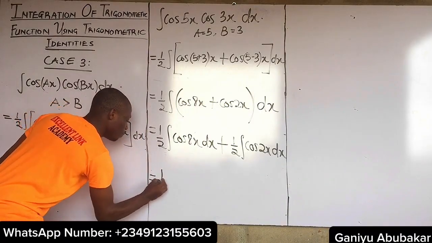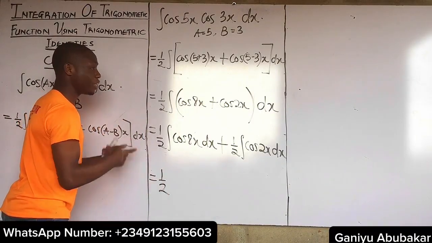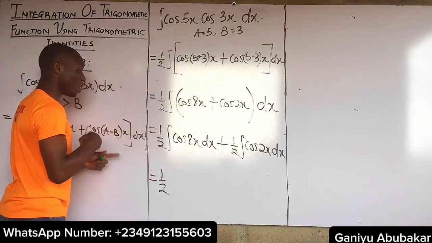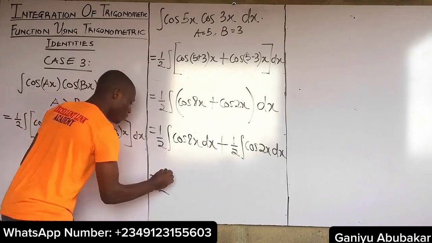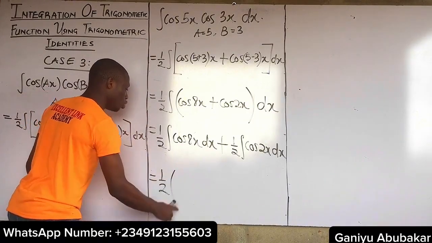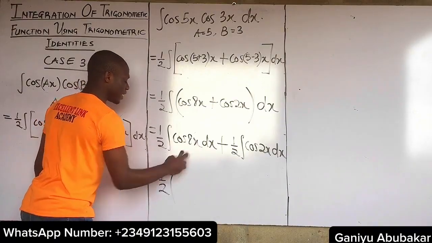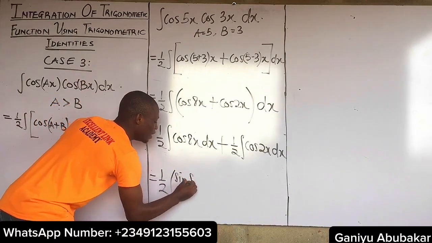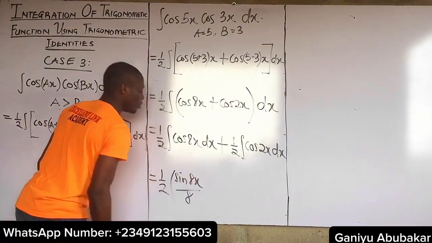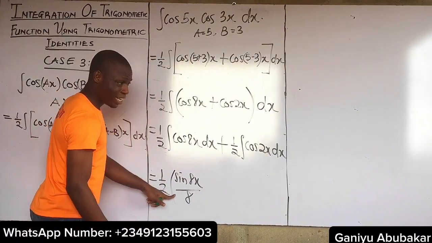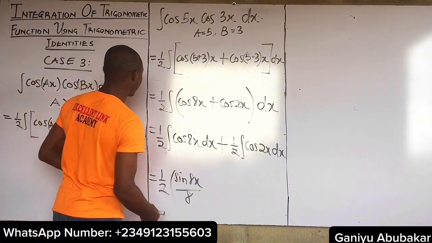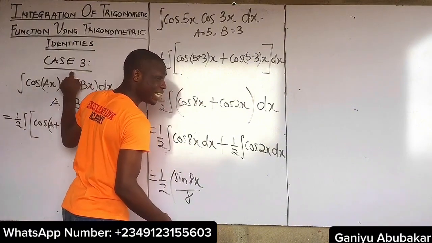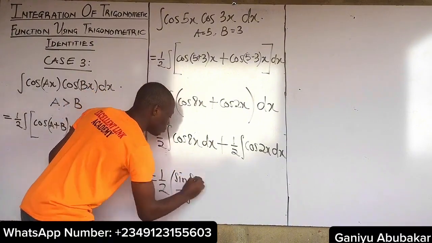I have half here. If you're familiar with our case 1 and case 2 before now, you should know what to do here. So I'll have half into the integral of cos 8x, which gives sine 8x over 8. Don't ask me why. I'll explain this using the concept of case 1 and case 2. For this case 3, you should know how I got to this.